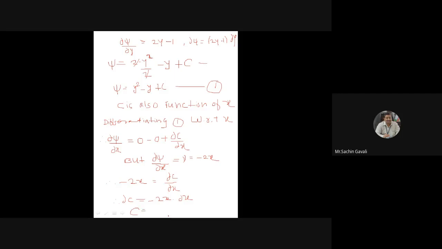Minus 2 will be constant. 2 into x square by 2. This 2 and this 2 will get cancelled, and the value of c will be minus x square. Everybody understand how to calculate the value of c? C is equal to minus x square. Understood?